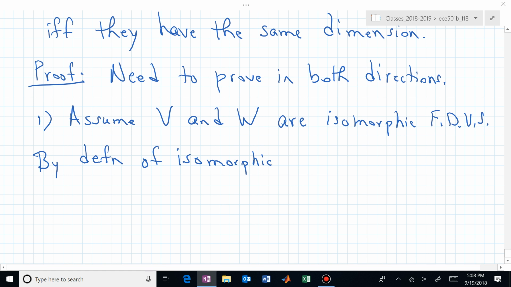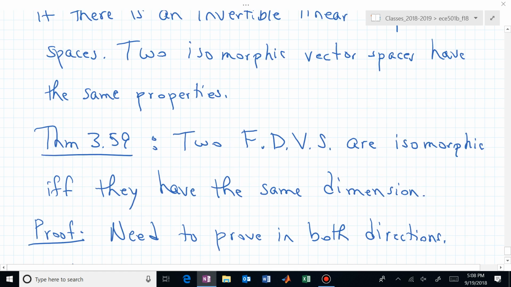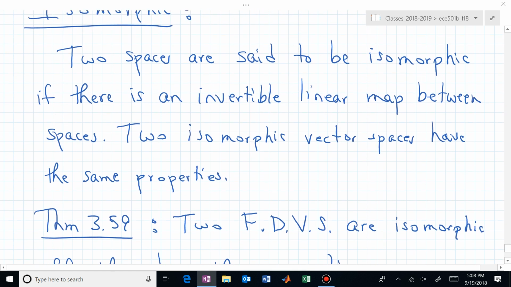By definition of isomorphic, what did we say? We said two spaces are said to be isomorphic if there is an invertible linear map between the spaces.